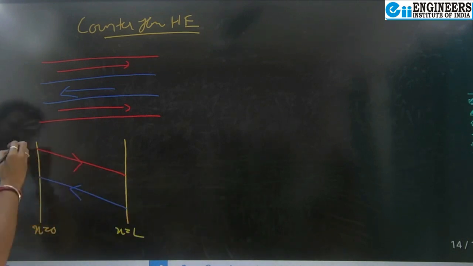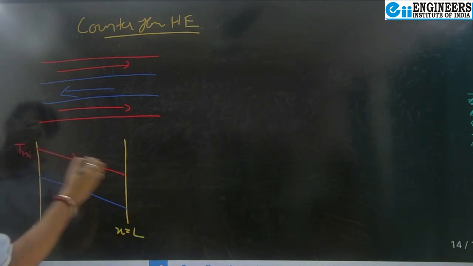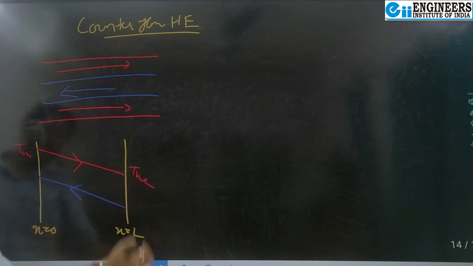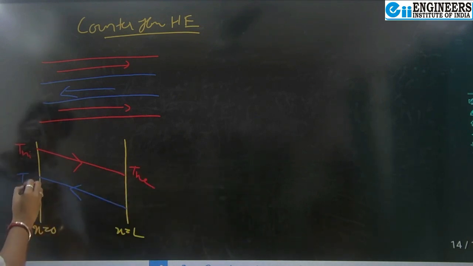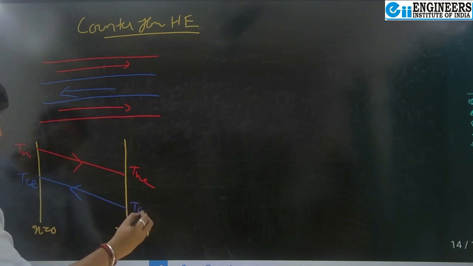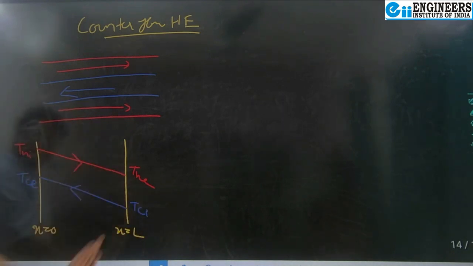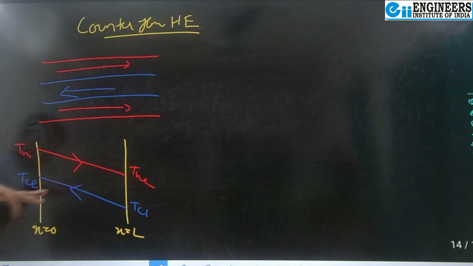So here in this case THi, THe, TCe and TCi. So in this case, what you can see is it is nearly a straight line. Why so?